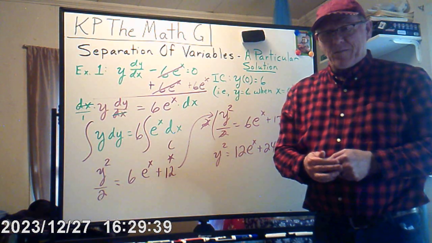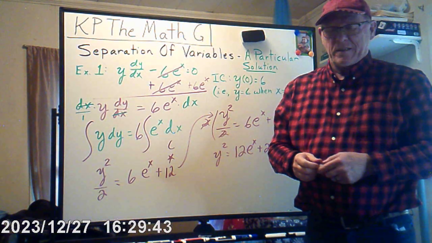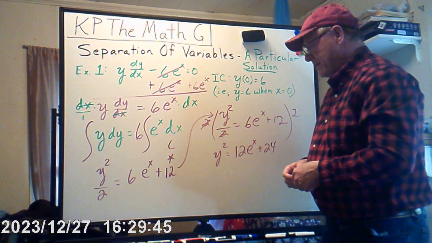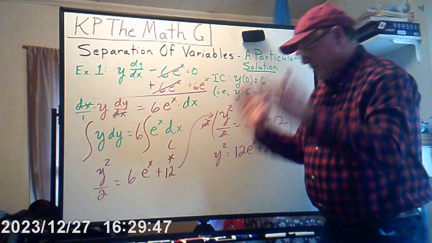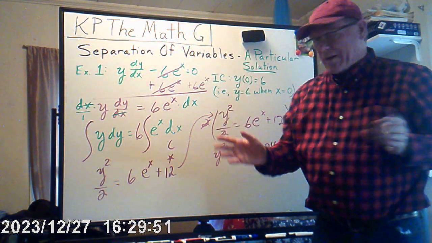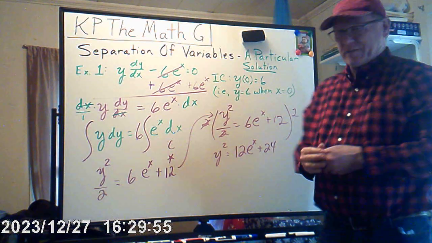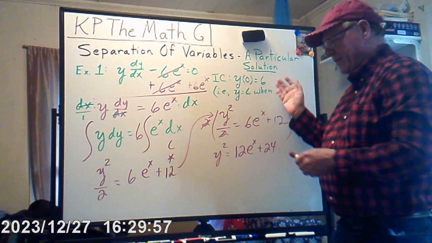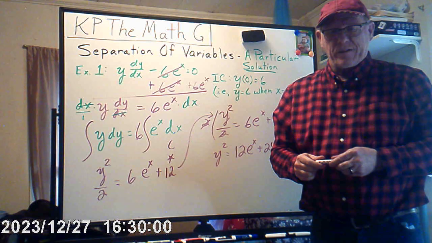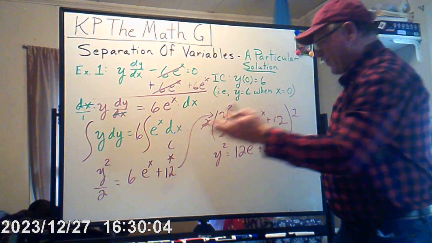It's not general anymore. It's a specific or particular solution now. C is not just anything anymore, it's 12. That's why it's called a particular solution. That's the first example.